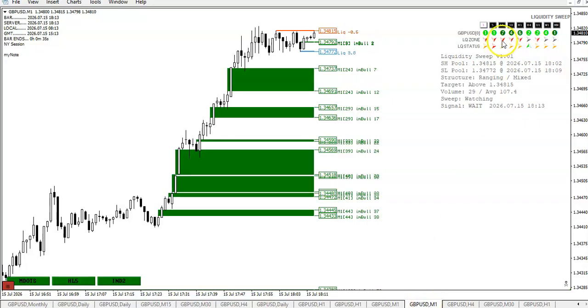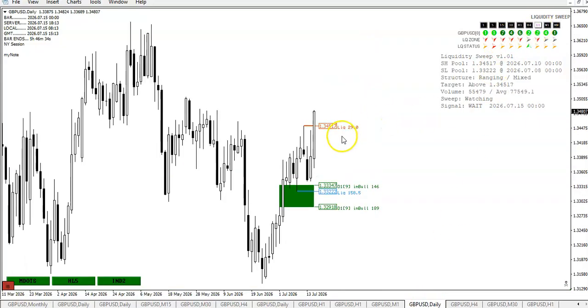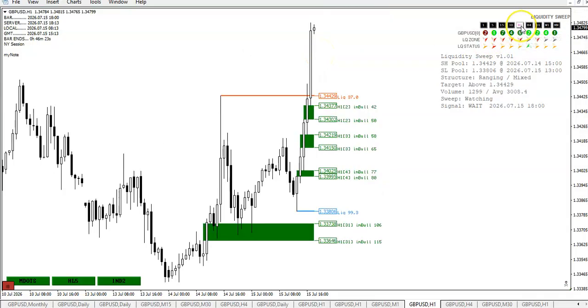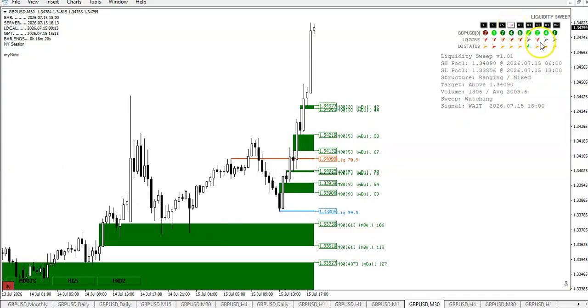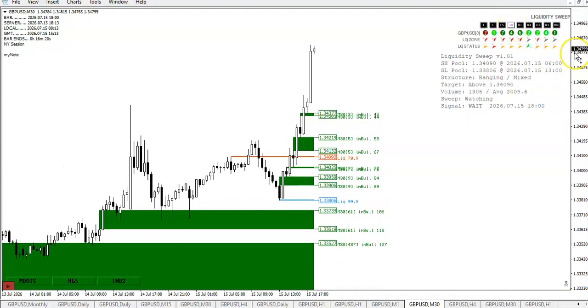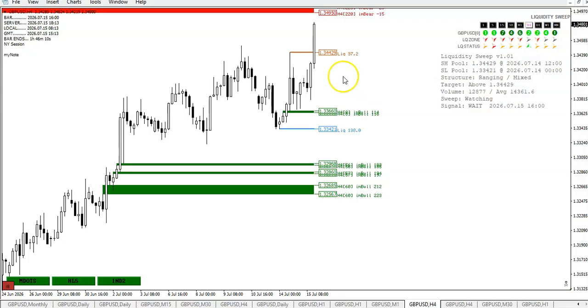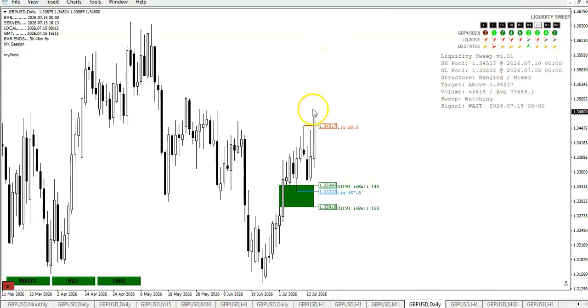So, talking about the liquidity sweeps, you can put them on different levels, and you can see here price broke through that level. Look at H4, price broke through that level. And you can see on these different levels how the liquidity is at that same level.